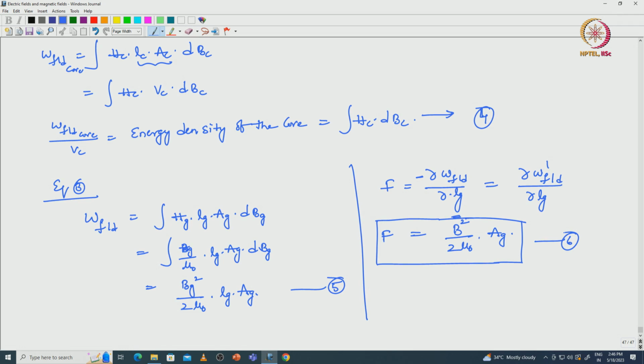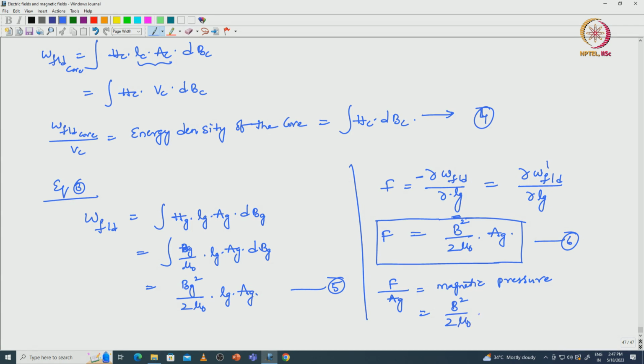And the torque equation, if you want, we have to take the partial derivative of the field energy with angular displacement. From equation 6, force per unit area results in magnetic pressure. We can call this term magnetic pressure, that is B square by 2 mu naught.